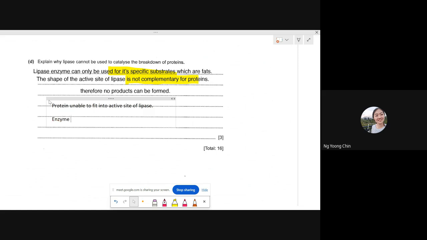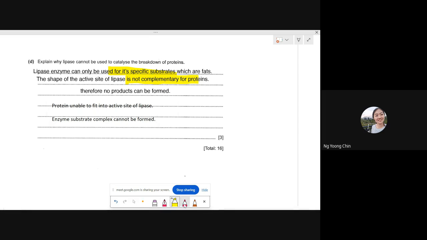You will write this enzyme-substrate complex. I think I mentioned to you in chapter 5, whenever you write the point, please remember to add on this enzyme-substrate complex. Yeah, like this.